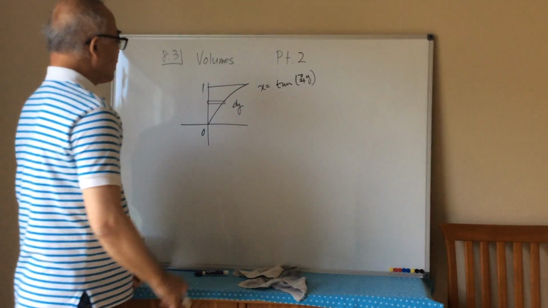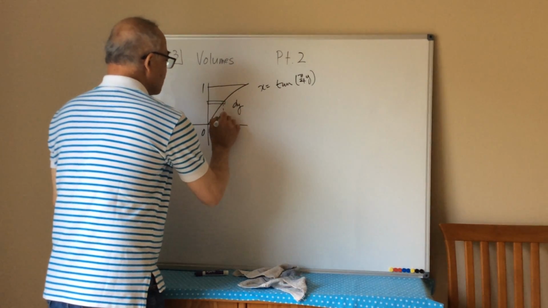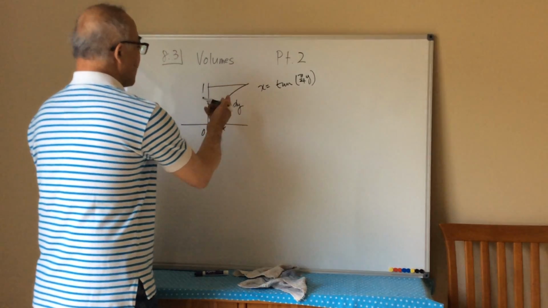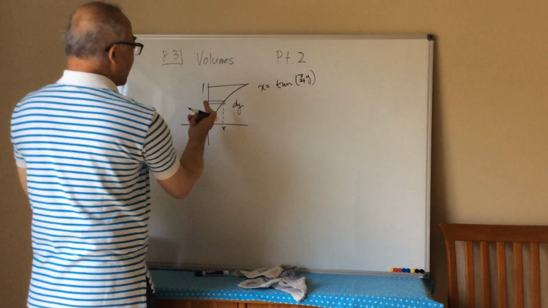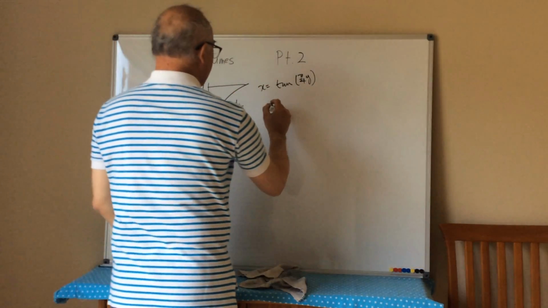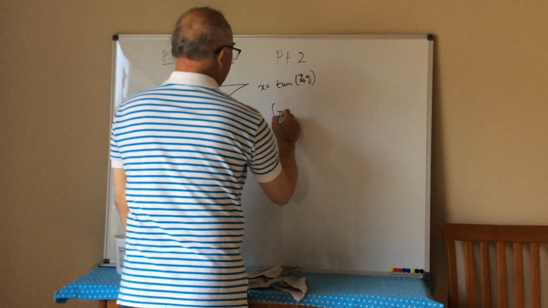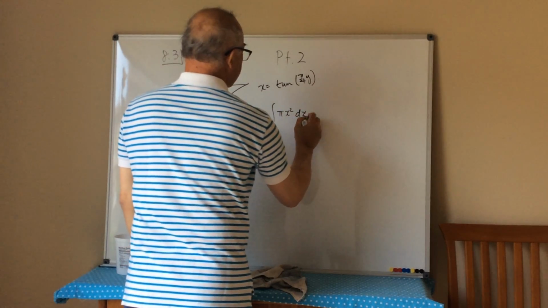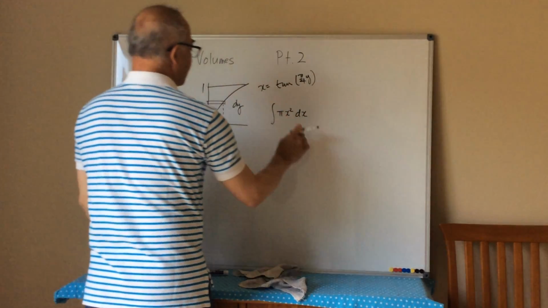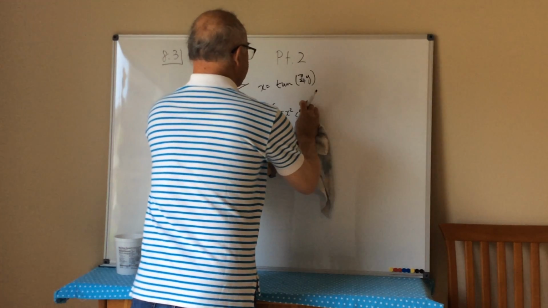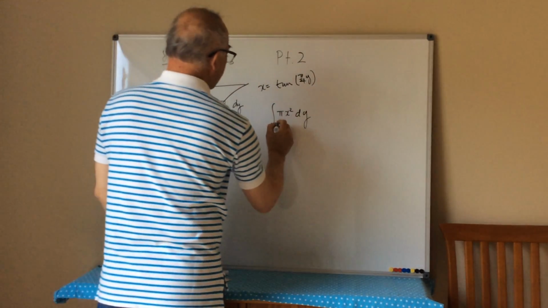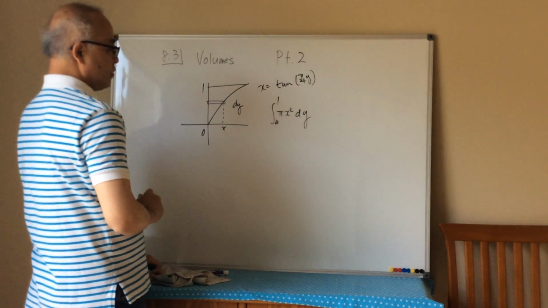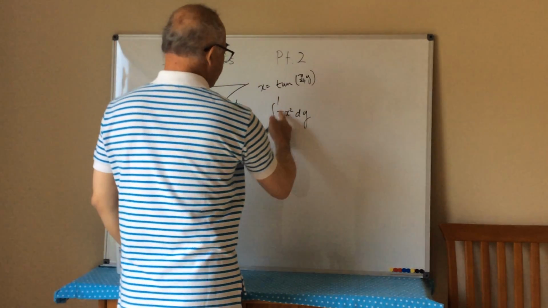So what is the radius? This is x, right? The radius of each of the disks that I'm going to get is going to be x squared, times dy, not dx, dy, and I'm going to go from 0 to 1, because y is going from 0 to 1.